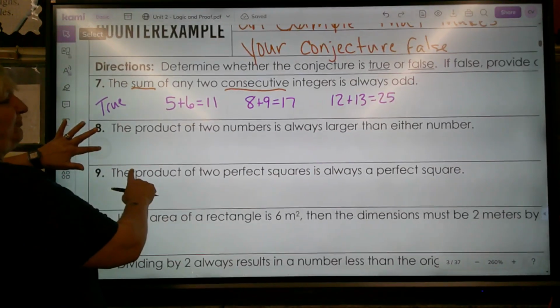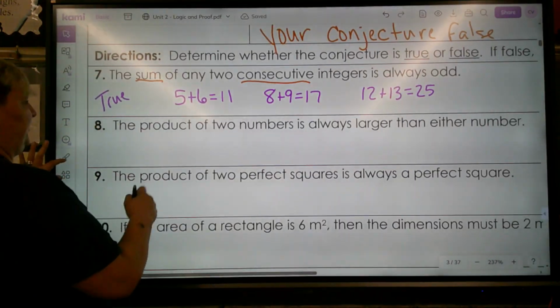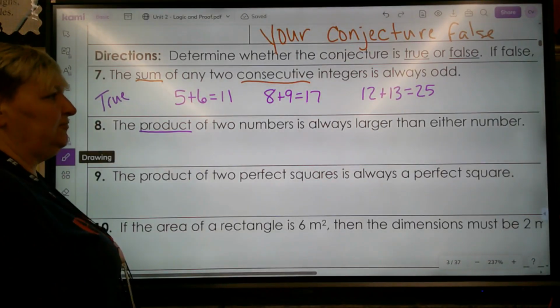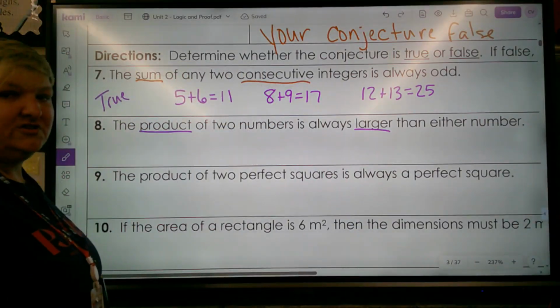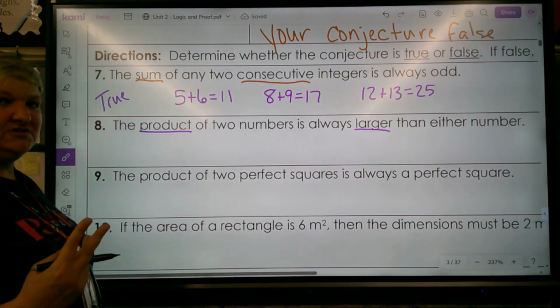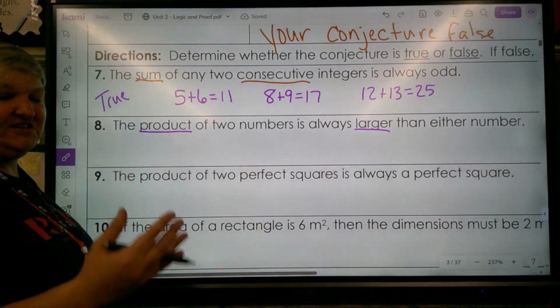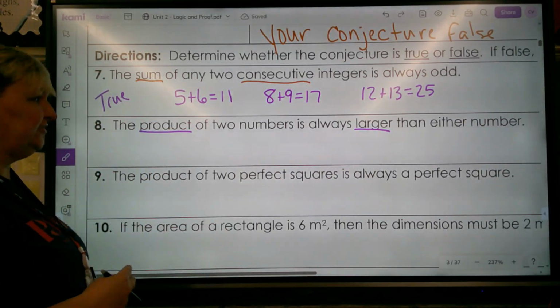Alright, 8 says the product, meaning multiplication, of 2 numbers is always larger than either number. So we're going to multiply 2 numbers, and it's saying that we're always going to get a bigger number than the numbers we started with.